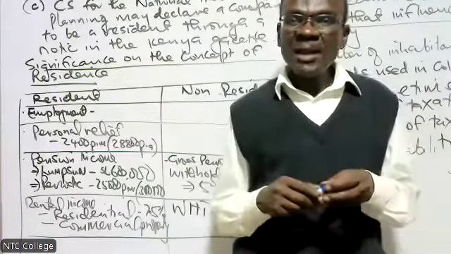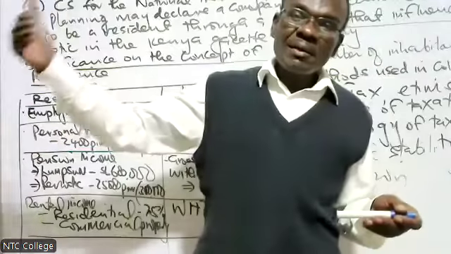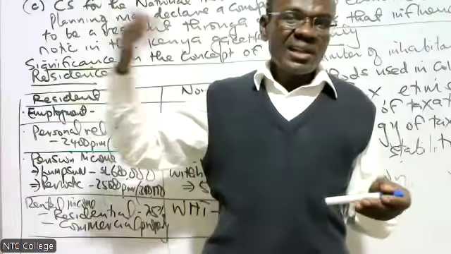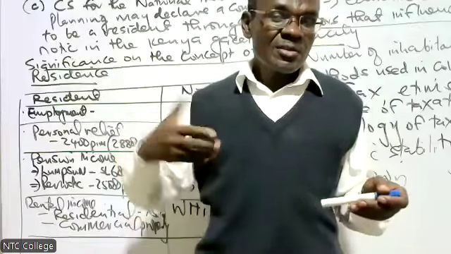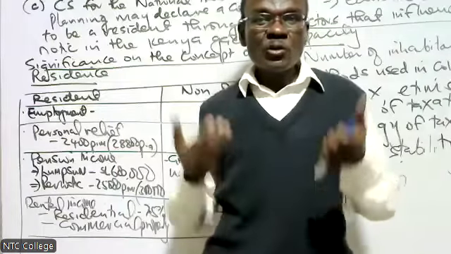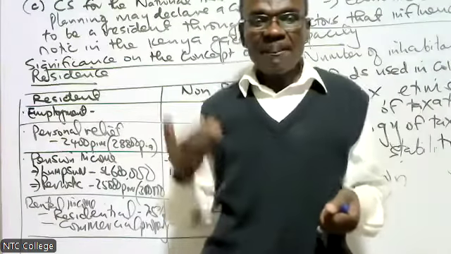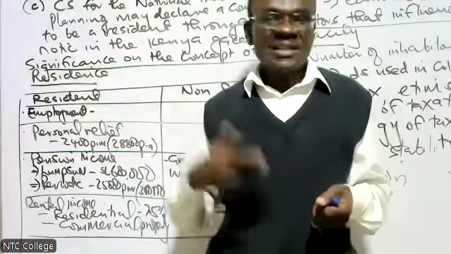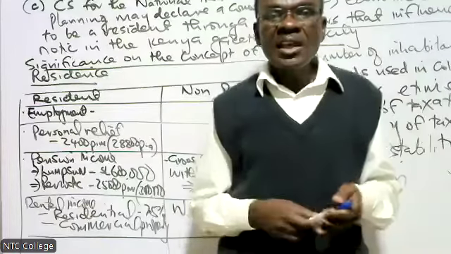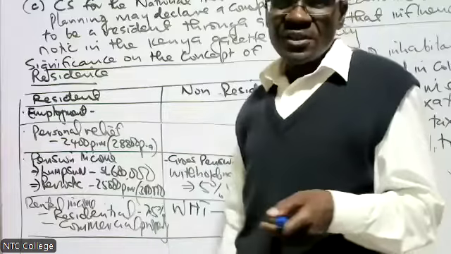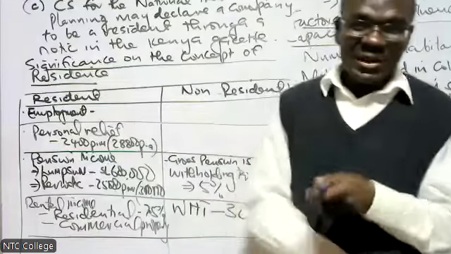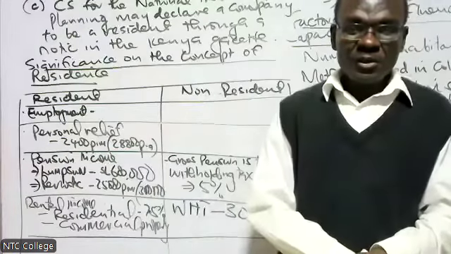Look at our local brothers, the comedians at Churchill Live. What they earn is royalties out of their creativity. They are paid royalties. That's the kind of income I'm talking about. If you're a resident person and you have royalties, you'll be allowed to deduct your expenses from royalties.